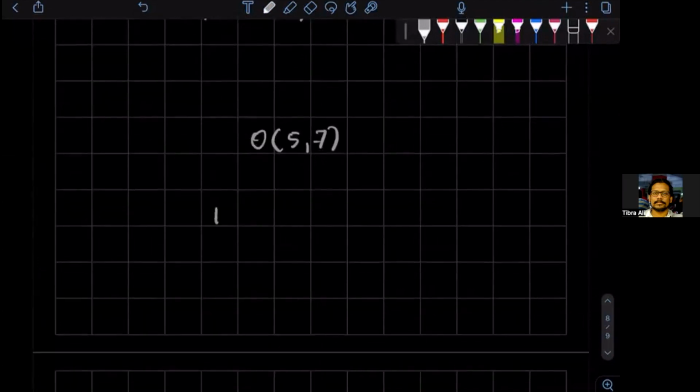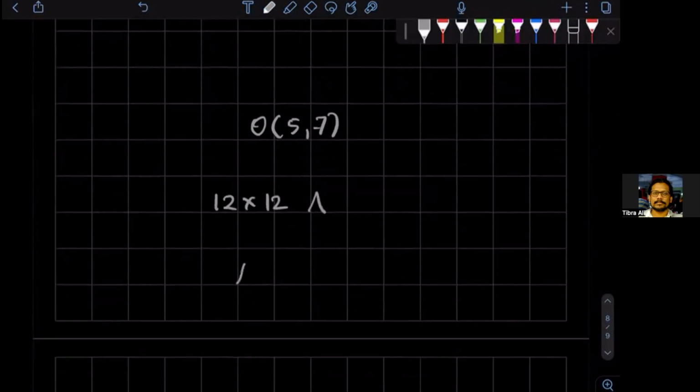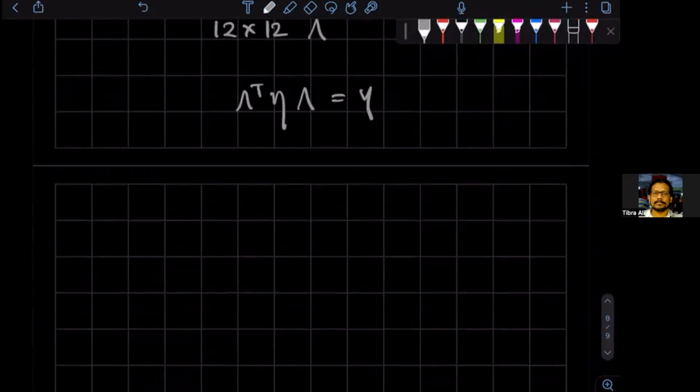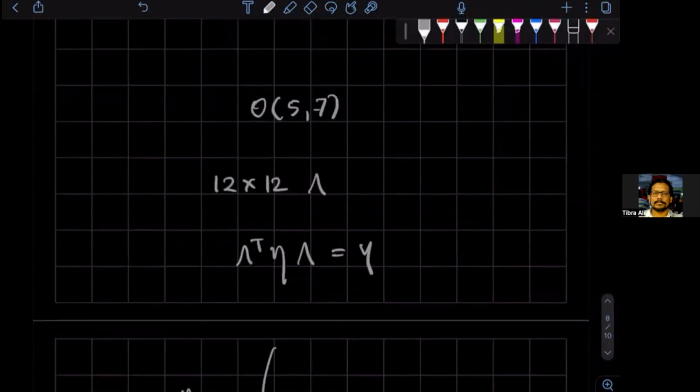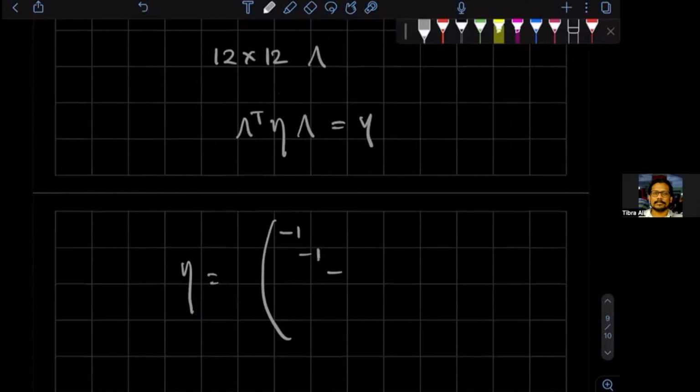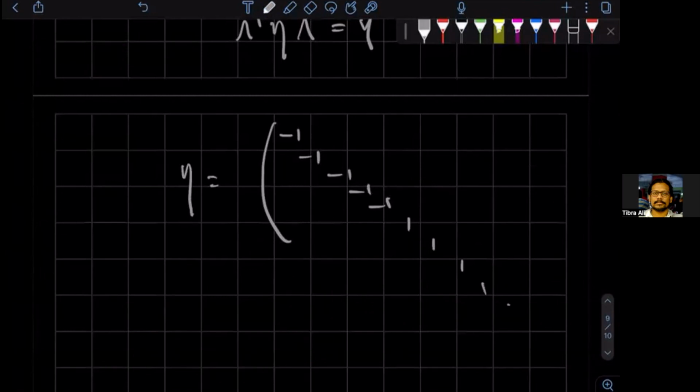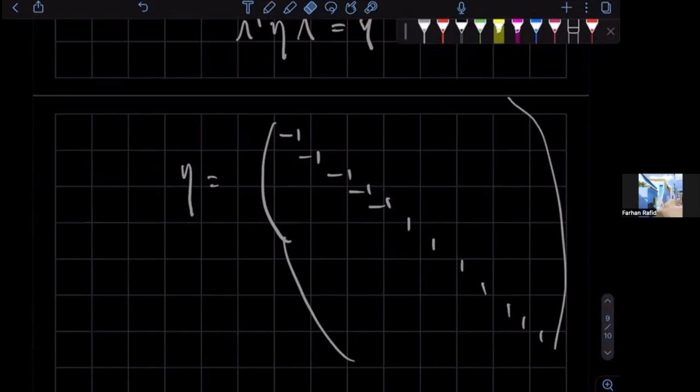O(5,7) would be 12 by 12 matrices lambda such that lambda transpose eta lambda is eta, where eta is going to have 5 time-like and 7 space-like directions. I mean, it's not going to be something physically relevant for us, but mathematically, there is no problem defining such a space. Yes, sir, understood. Okay, good questions. Any other questions?